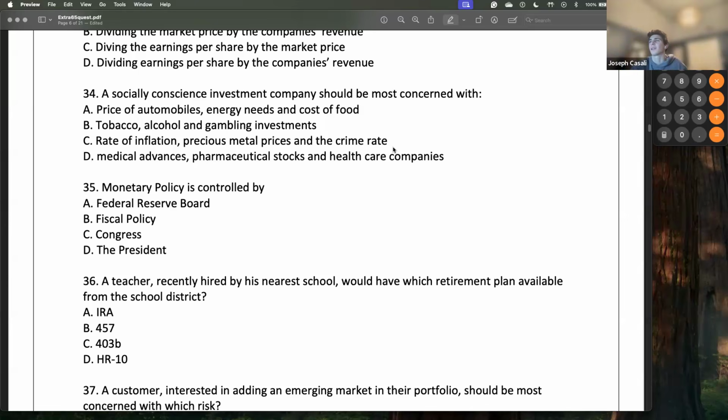Each of these questions has something that I don't like in the answer choices. So let's just talk about the one that is coherent. If you are socially conscious, ESG, you might not want to invest in tobacco, alcohol, or gambling.